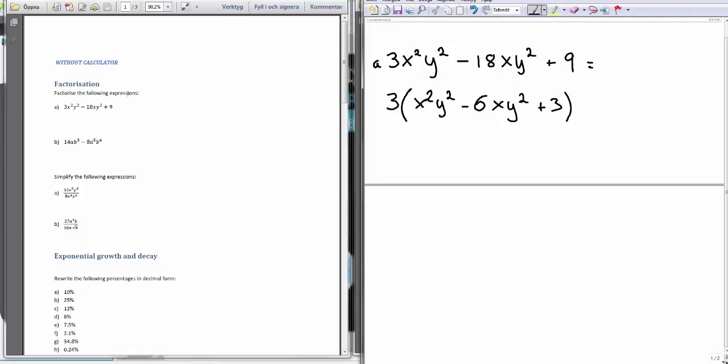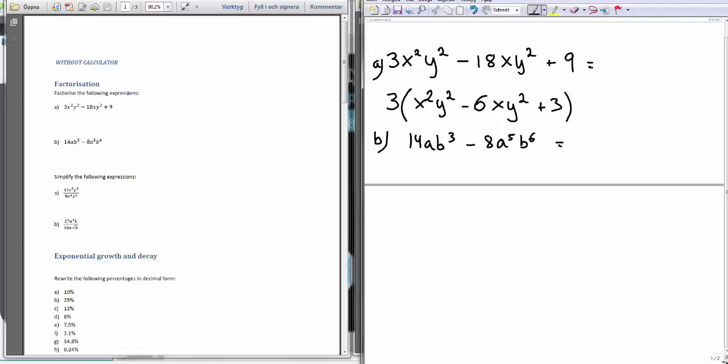This was A. In B, we have to look at these 2 terms. Here we have a constant, and a and b are the variables. 8, and we have as much as a⁵ and b⁶.